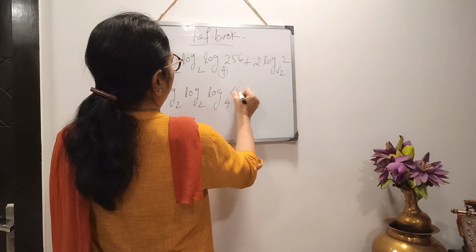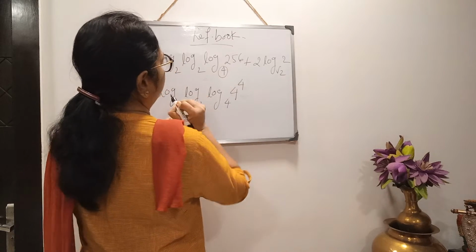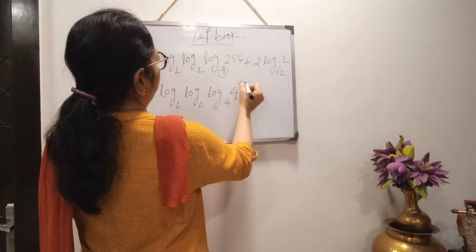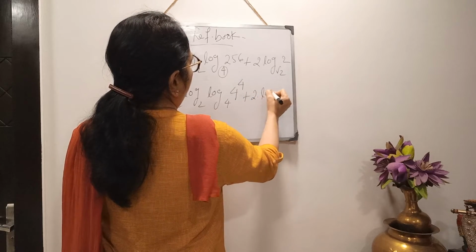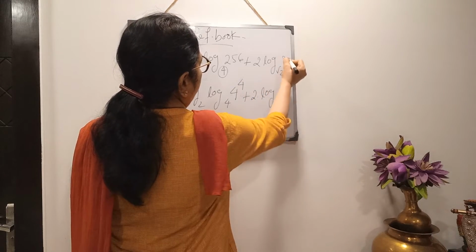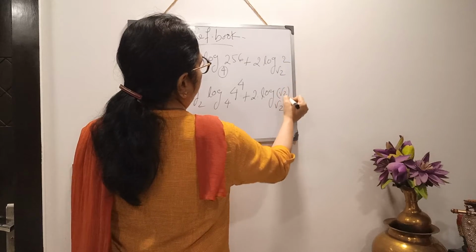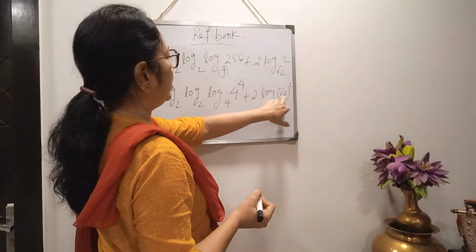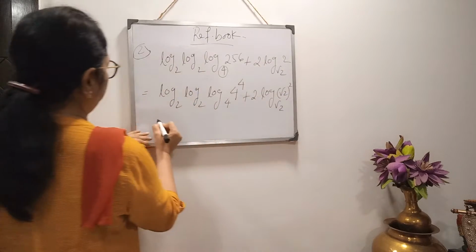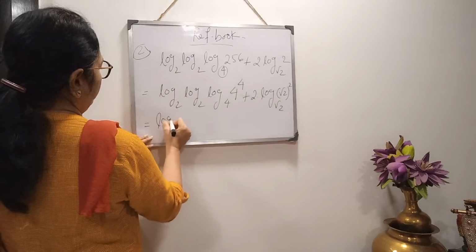So it is becoming 4 to the power 4. Here 256 means 4 to the power 4, plus here base is root 2, there is 2, so make this root 2. So in place of 2, I can write root 2 whole square. Clear? Now step by step.